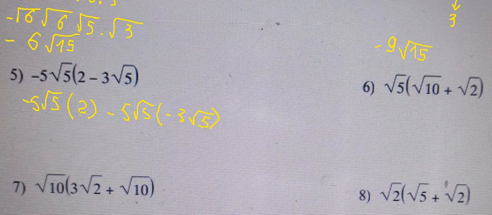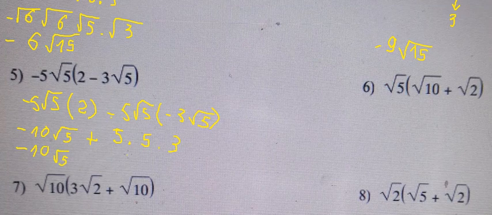So this one, 2 with 5, you got negative 10 multiplied with the square root of 5. This one, we have negative, you got positive. The square root of 5 with the square root of 5, you got 5. This one, you got 75.